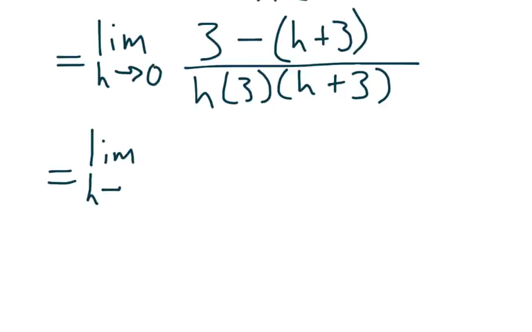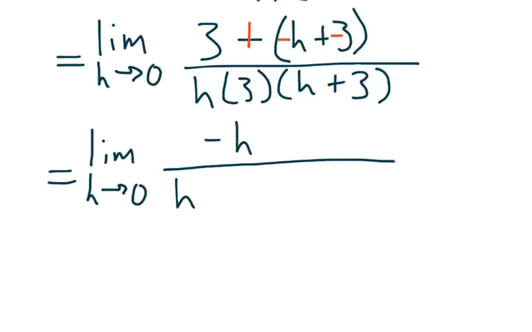In order to do the simplification, let's distribute the minus sign. That would change that to a plus and change the signs on the inside. What we have left is 3 minus h minus 3. The 3's cancel, leaving us with minus h. This is divided by h times 3 times h plus 3.